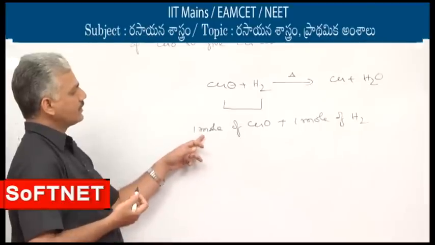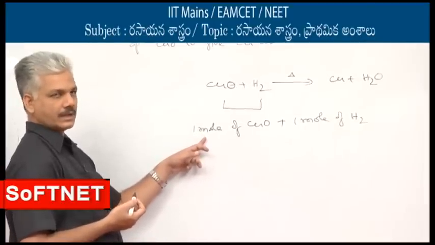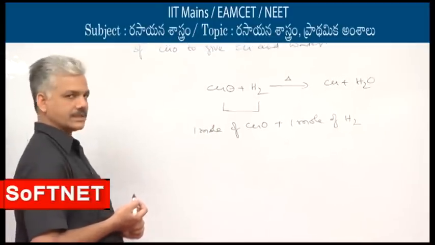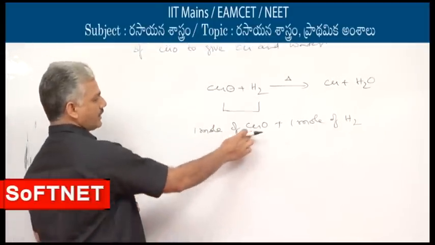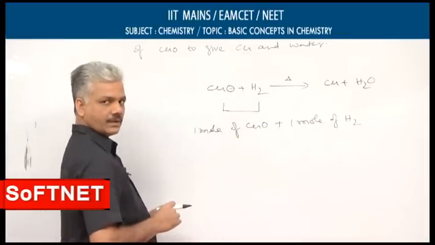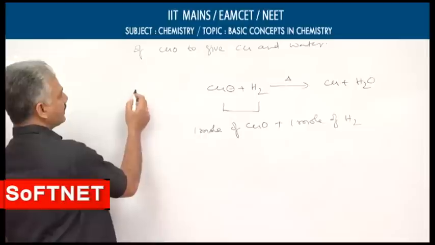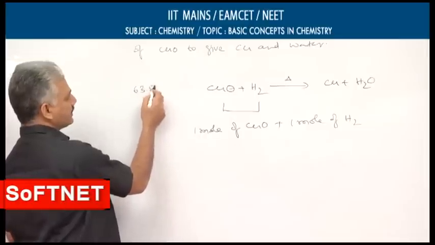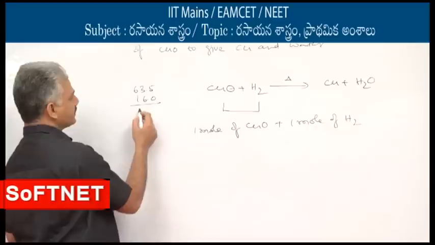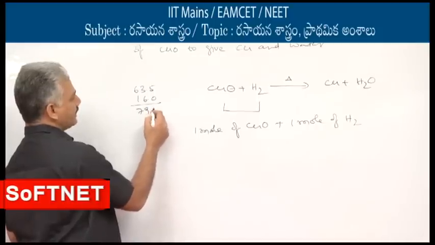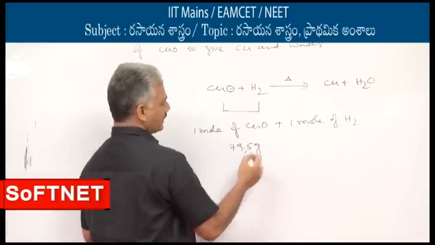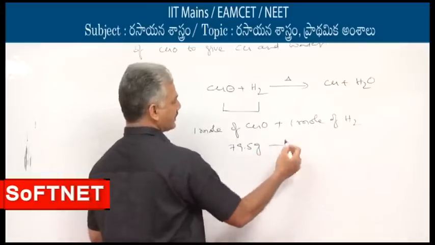Now, these moles are to be converted into grams because copper oxide is given in terms of weight. 1 mole of copper oxide's weight means we have to take the gram molecular weight of copper oxide. Copper atomic weight is 63.5, oxygen is 16. So, the total comes out to 79.5 grams.